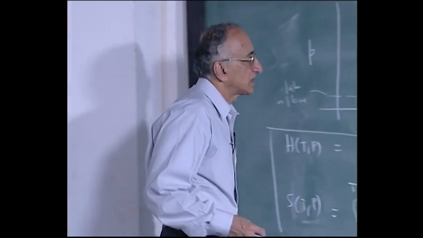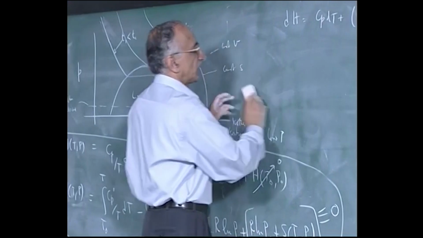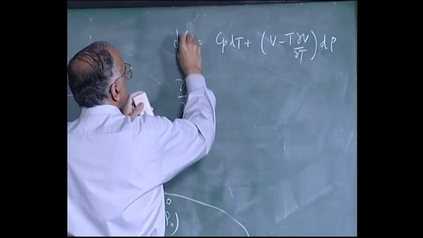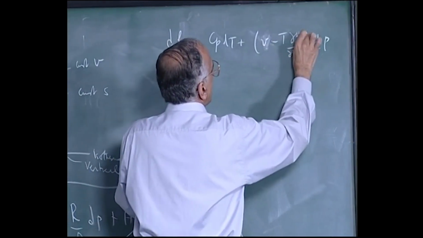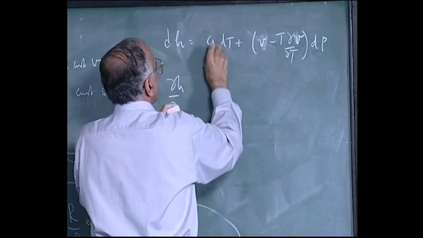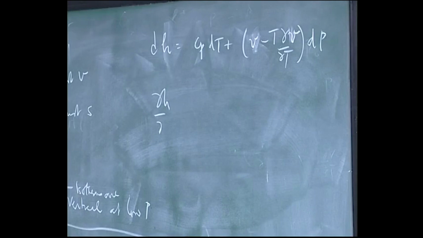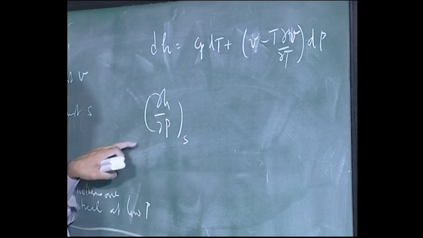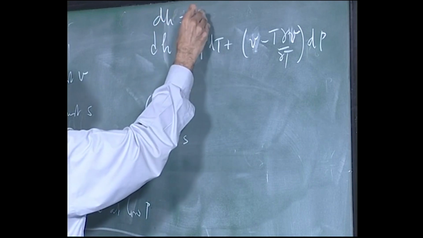Now let us look at the isentropic and constant volume lines. What I am interested in is dou H, we will make this H, this is small Cp, V dou V by dou T. I am just writing small Cp as specific per unit mass and small v as per unit mass volume. I want dou H by dou P at constant S. For that it is actually easier to go to the earlier one.